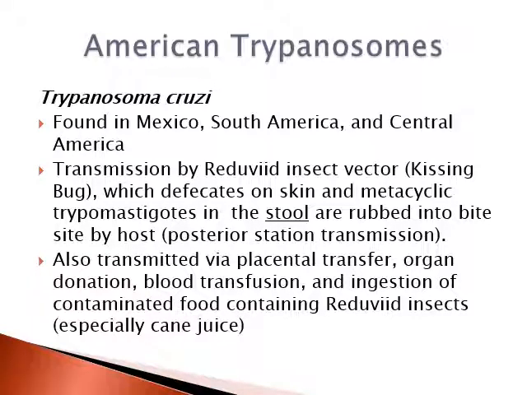This is characteristic for Trypanosoma cruzi. Also, Trypanosoma cruzi is transmitted via placental transfer, meaning it can be a congenital disease, also organ donation, blood transfusion, and ingestion of contaminated food containing reduviid insects which fall inside the juices, especially cane juice.